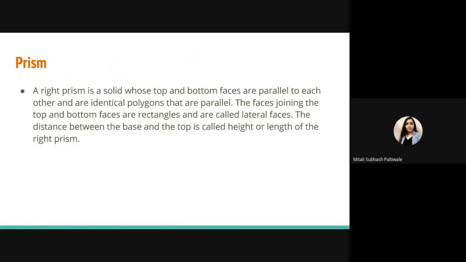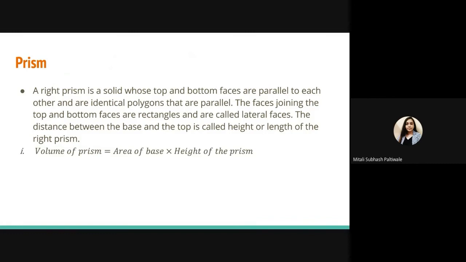It's a solid object whose top and bottom faces are parallel to each other and are identical polygons. The faces joining the top and bottom faces are rectangles and are called lateral faces. The distance between the base and the top is called the height or length of the right prism.